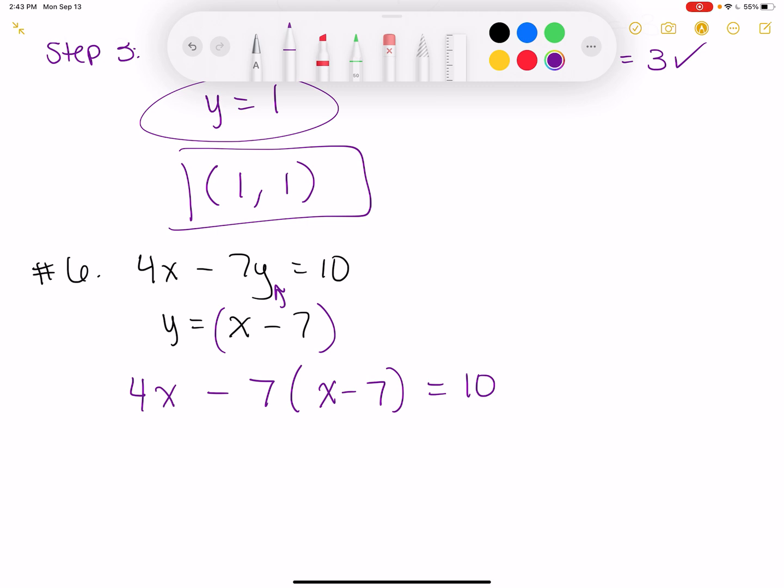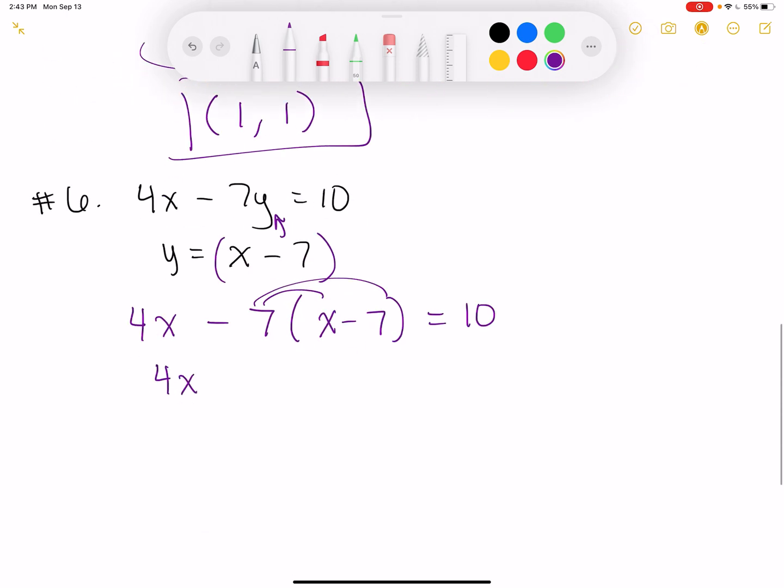The order of operations. Parentheses. Distribute. I'm distributing the negative 7, so I'm just copying down the 4x minus 7x. Now I have negative 7 times negative 7, so that's going to become positive 49 is equal to 10.